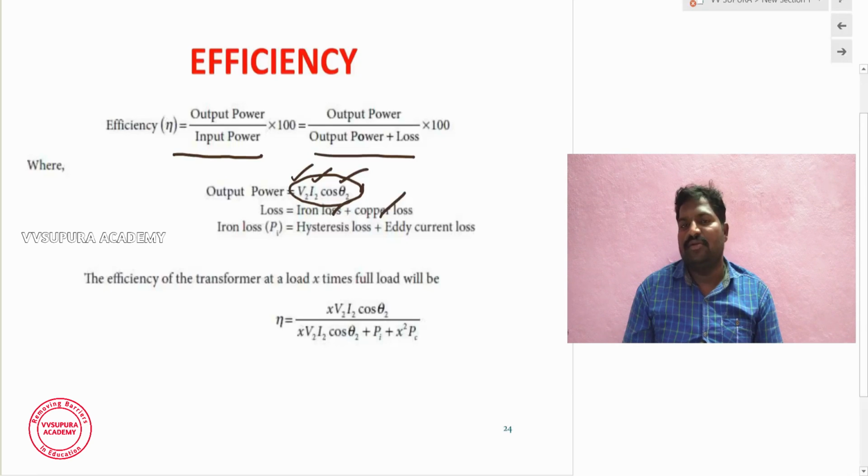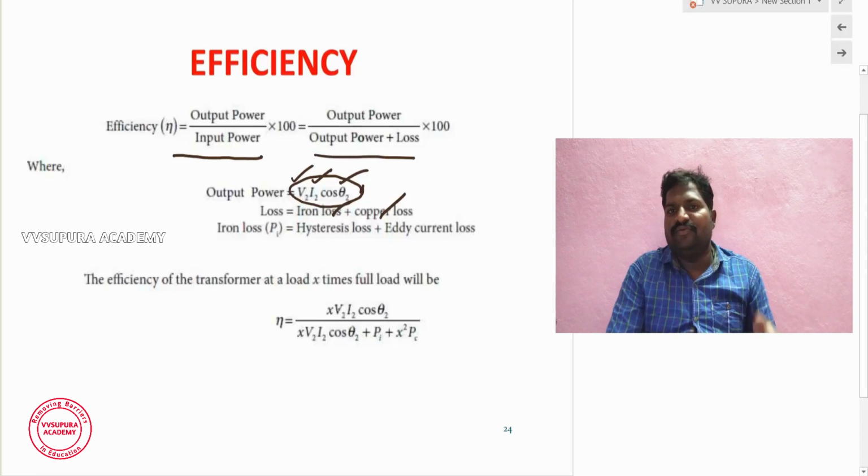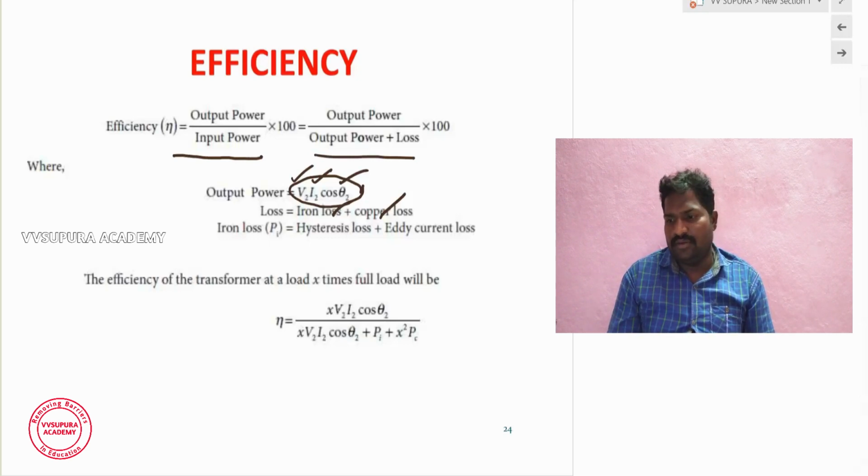Iron losses are calculated from the open circuit test and copper losses from the short circuit test. So the efficiency of the transformer at X times the full load: at full load X is 1, and at half load or 1/4 load, X is a fraction of the load. From this we can calculate the efficiency of a transformer. Right? Thank you.